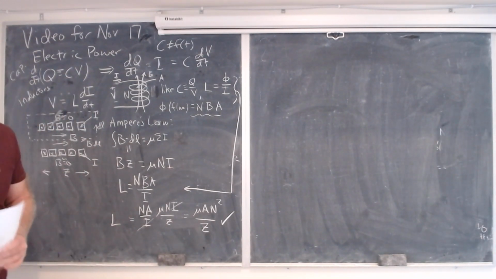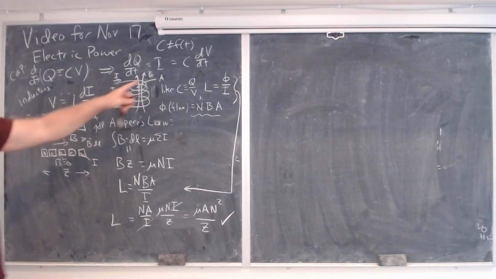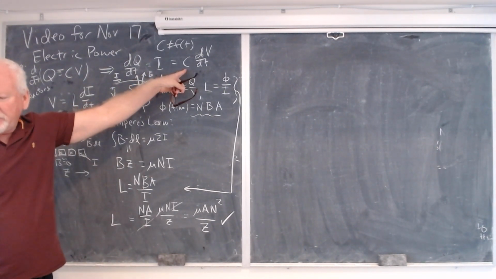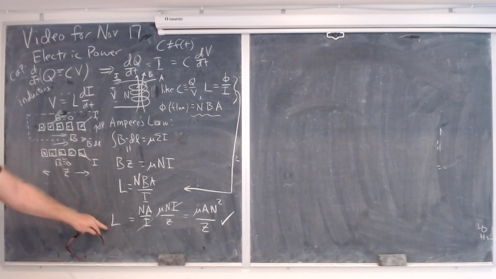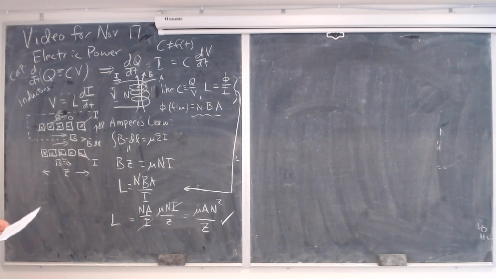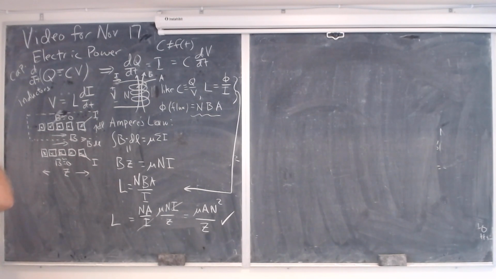So you see the methodology here, which is just like we used Gauss's law to determine the capacitance of a parallel plate capacitor. We've now used Ampere's law to determine the inductance of a coil. And most importantly, it is proportional to N squared, where N is the number of turns.